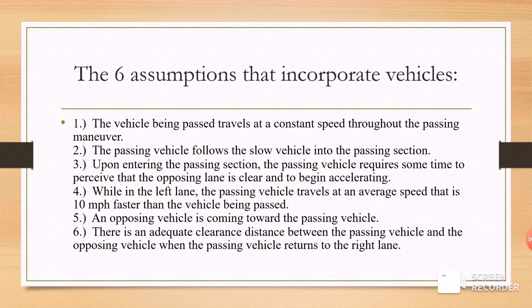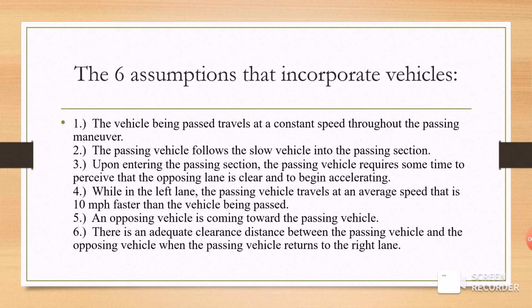So these are the 6 assumptions that incorporate vehicles. First, the vehicle being passed travels at a constant speed throughout the passing maneuver. Second, the passing vehicle follows a slow vehicle into the passing section. Third, upon entering the passing section, the passing vehicle requires some time to perceive that the opposing lane is clear and to begin accelerating.